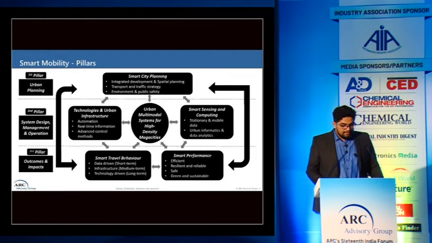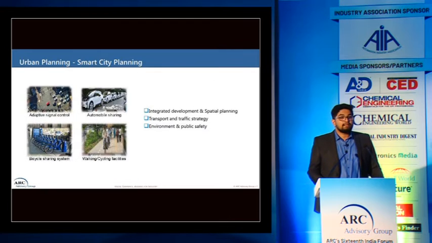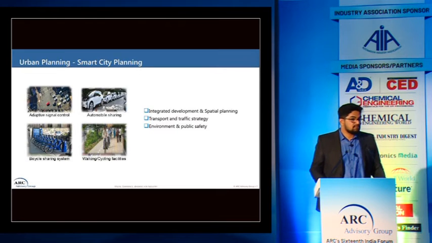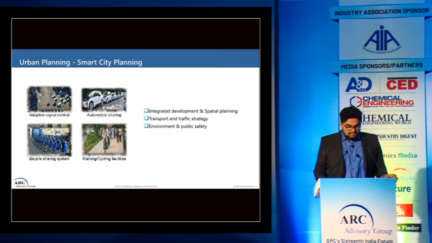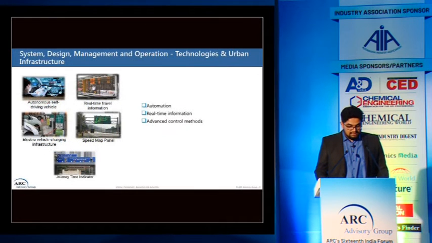So first, urban planning or smart planning is an integrated development and spatial planning that provides transport and traffic management, and thereby enhances public safety. Some examples of smart city planning are adaptive signal control, automobile sharing, bicycle sharing systems, and walking and cycling facilities. Coming to the second phase, which is system design, management and operation, it includes 2 factors: technology and urban infrastructure, and smart sensing.